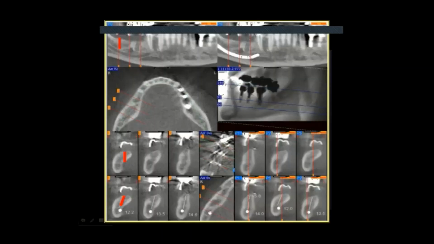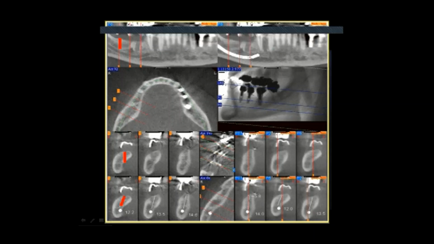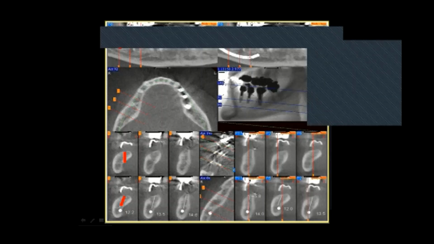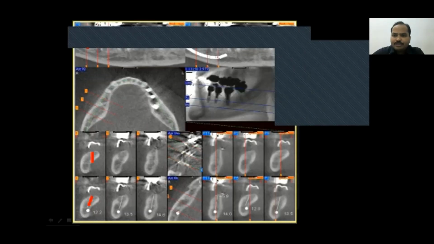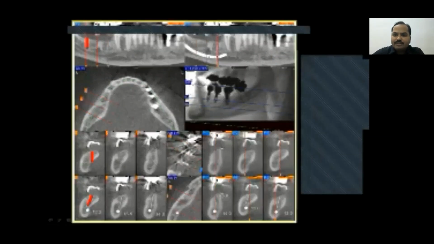Various slices in case of implant planning are taken of the mandible or maxilla in relation to the teeth, because in that area we need these teeth to be seen in slices, how much space in between or adjacent to the teeth we are having, so that we can place the implants in that region.